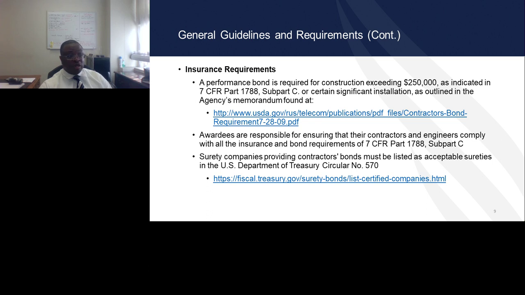The borrower is responsible for requiring that the contractors and the appropriate bonds are in place, and the Department of Treasury maintains a list of sureties that are acceptable to provide these bonds. There is a link on here. As I indicated earlier, the presentation will be shared later, and so you could access this list. It is posted on the Department of Treasury's website.